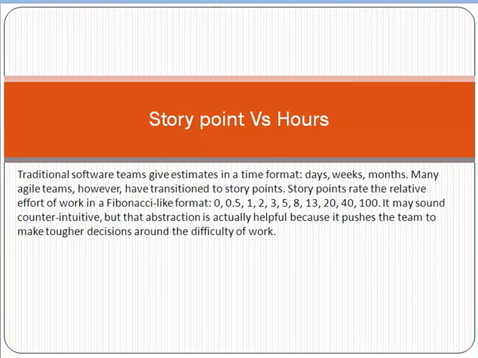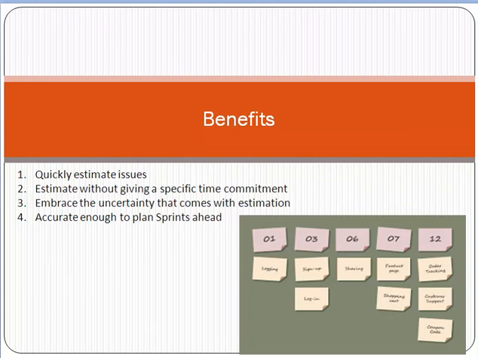Fibonacci means 0, 0.5, 1, 2, 3, 5, 8, 13, 20, 40, 100. In that manner, we can assign a number to the story. And remember, friend, one thing: the story point concept is based on the difficulty level or complexity level. That is the concept of story points.